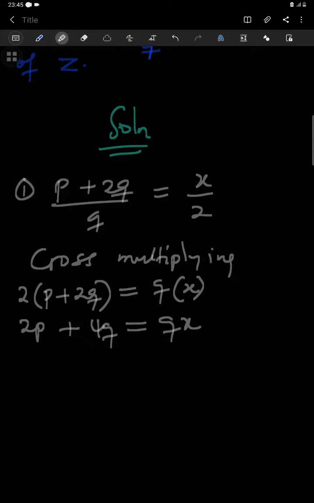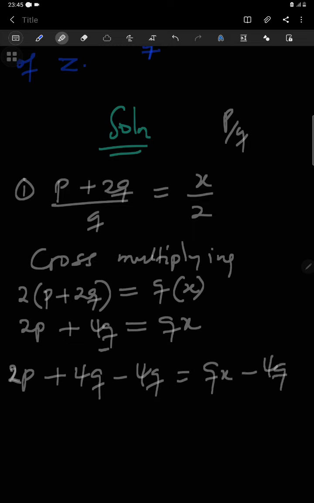So what am I going to do? My focus is I'm looking for the ratio. We are making p over q the subject, right? You can see that this term has q, this term has q. Let's group them. Let me try and eliminate 4q from the left hand side. I will subtract it on both sides of the equation.